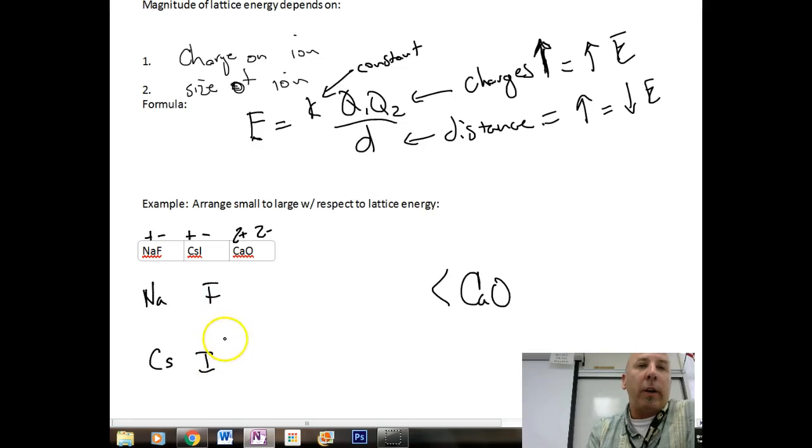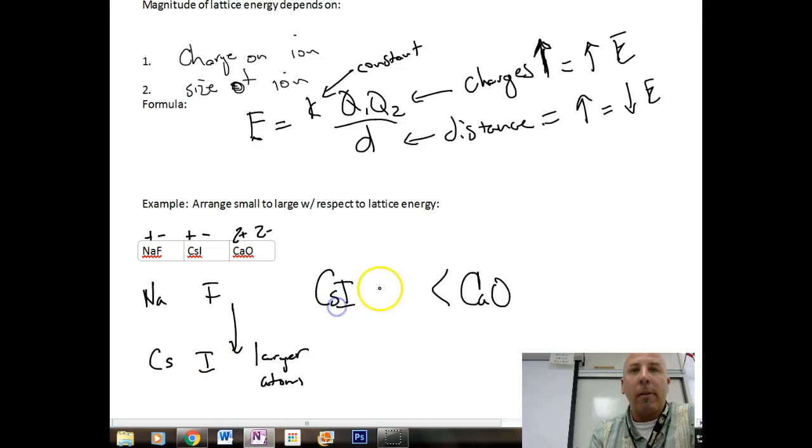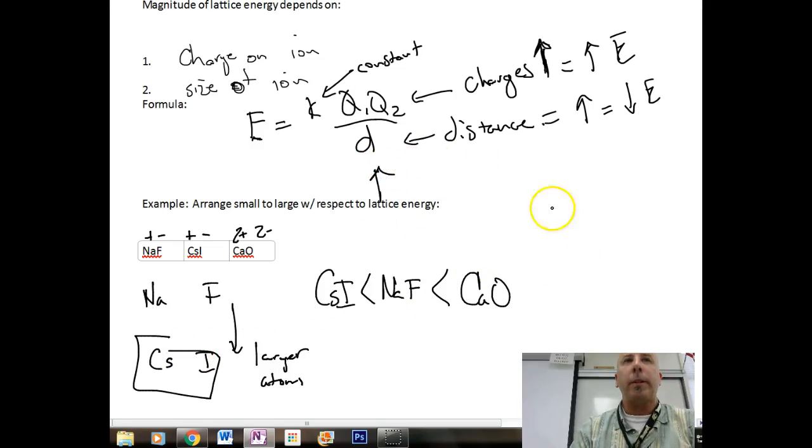So we're going to see an increasing distance, larger atoms. And when distance gets bigger, lattice energy gets smaller. That makes cesium iodide the smallest, and sodium fluoride has a greater lattice energy, because cesium iodide has the largest atoms and we have to look at distance. Okay, and that's how we take a look at that one.